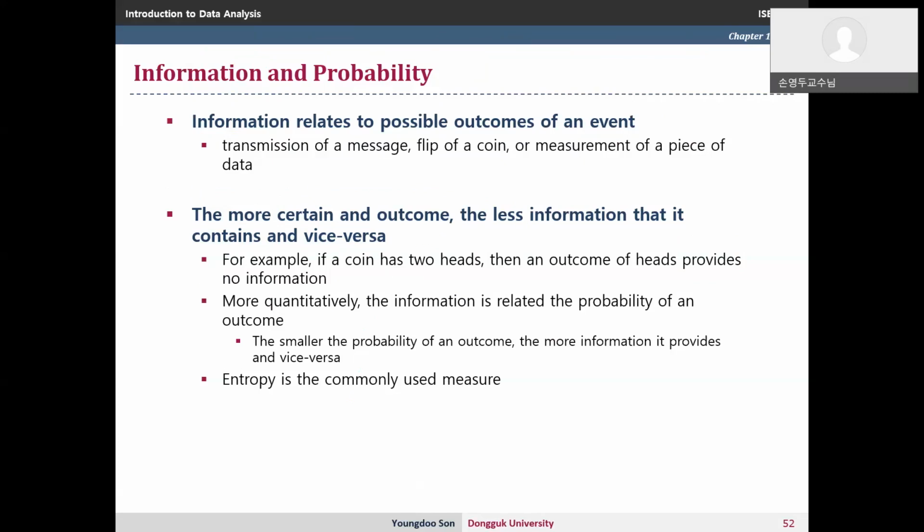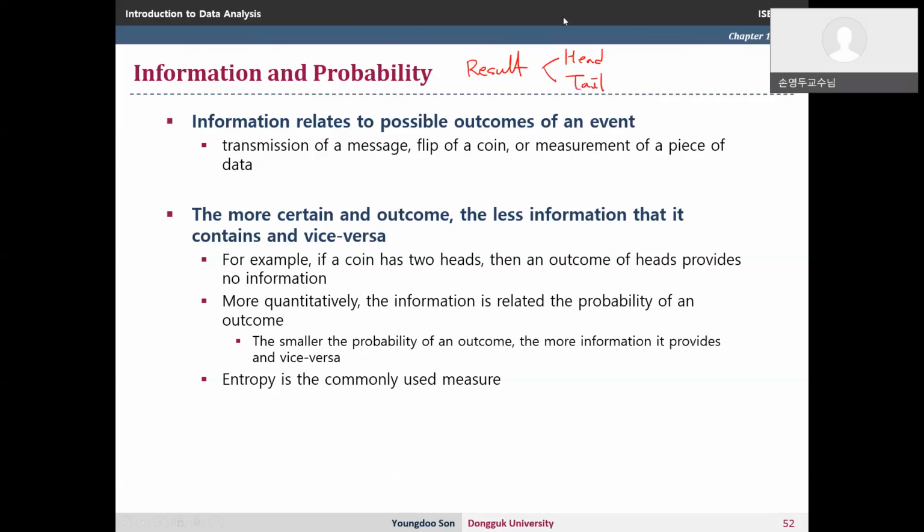The first outcome is head, and the second outcome is tail. The possible result can be head or tail.